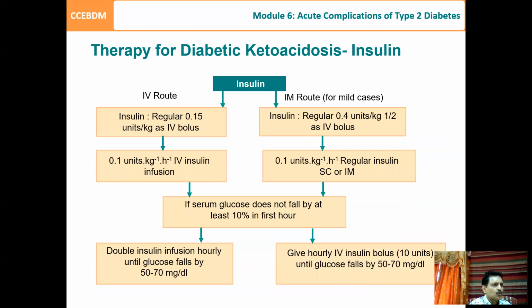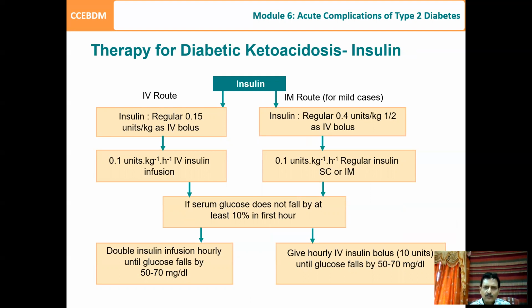So the next important issue in the management of diabetic ketoacidosis is insulin. If you do these two, the patient will recover. Nothing more is required in most situations. So give insulin infusion. How much is the dose? As I've told you, a standard dose is 4 to 8 units per hour.